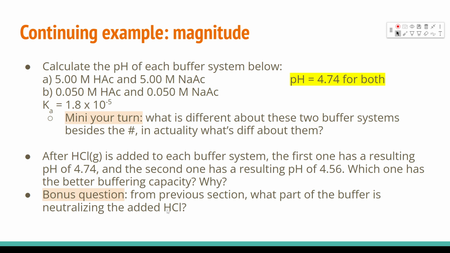It's going to grab the H, because that is the part of the strong acid that it can interact with, and then that's how it neutralizes. And so that's why in the first buffer system, it stayed at 4.74, even though we added a strong acid, because there were enough moles of acetate ion to neutralize that H from the hydrochloric acid. So that is why. Cool.